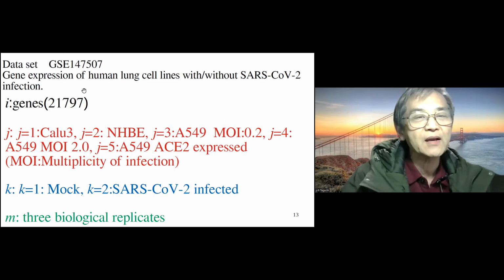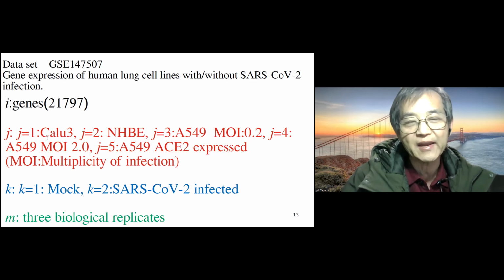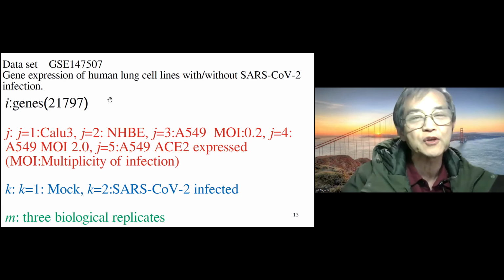Now we prepare a gene expression profile taken from this public database. The number of genes is almost 20,000, and j represents samples. In this case, samples represent 5 cell lines. All cell lines are taken from the human lung because SARS-CoV-2 infects the human lung.